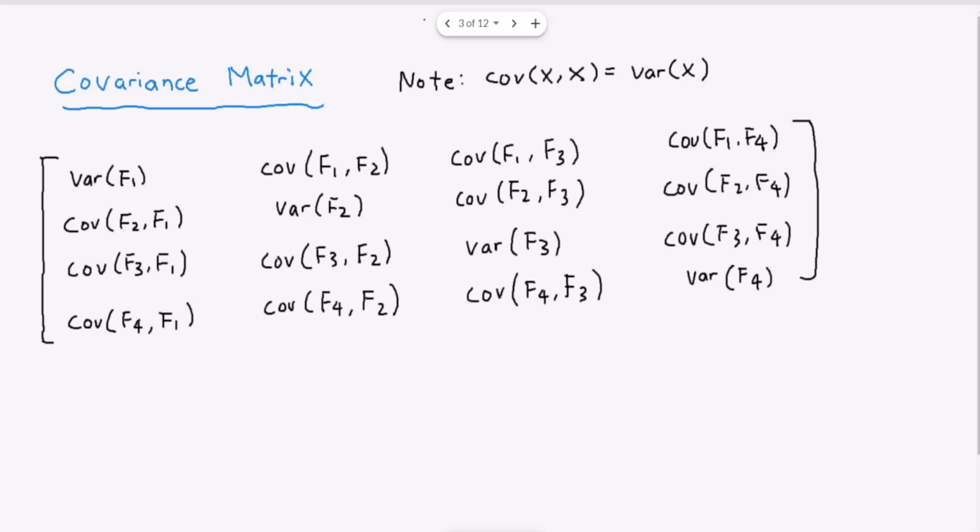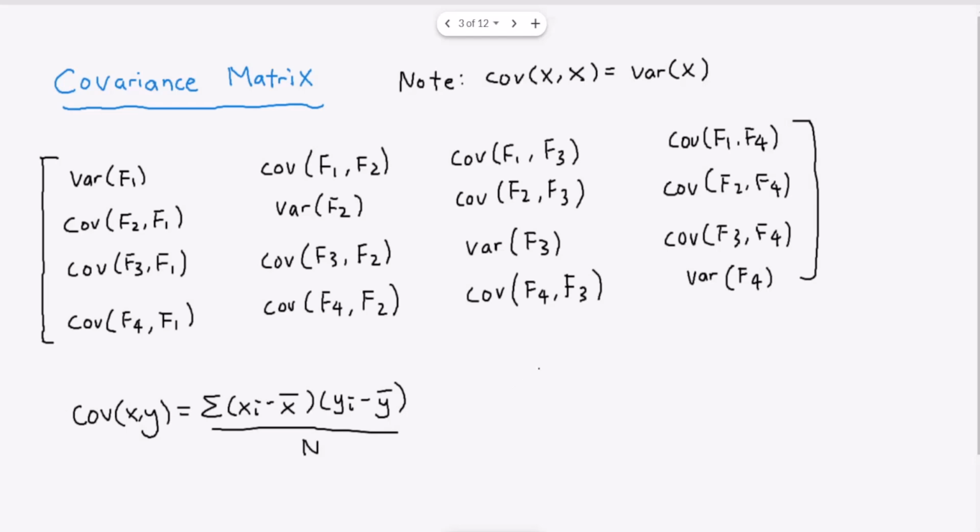Okay, so let me also write down this formula that I forgot to write down. So to calculate the covariance, what we're actually going to do is sum up all the xi's and the yi's divided by n.